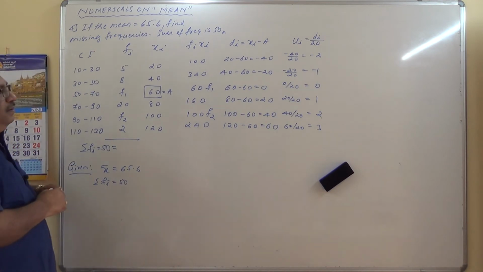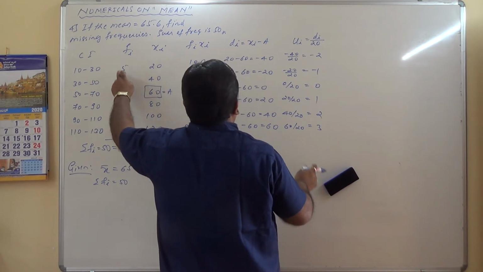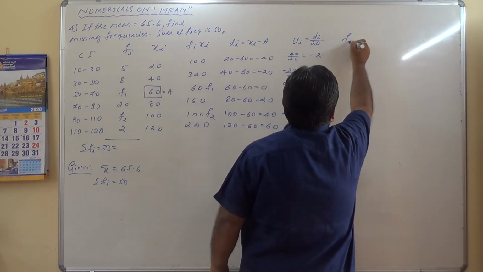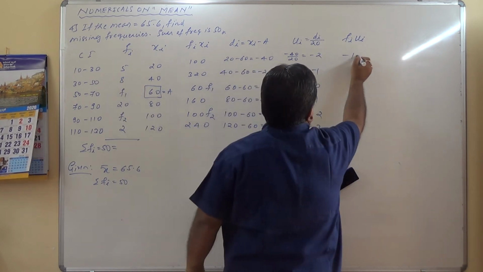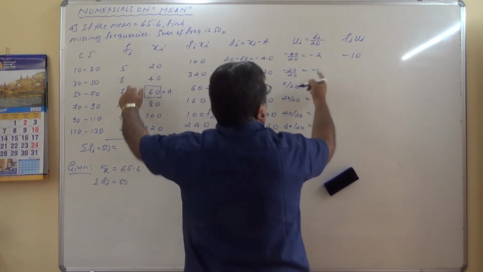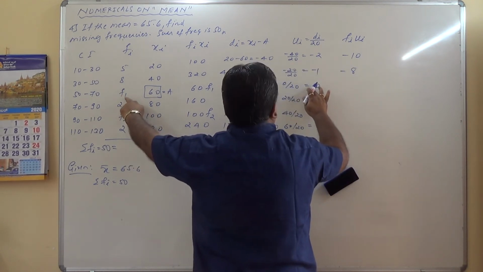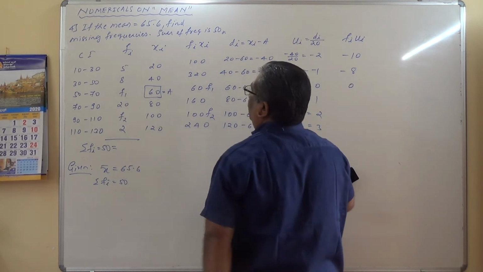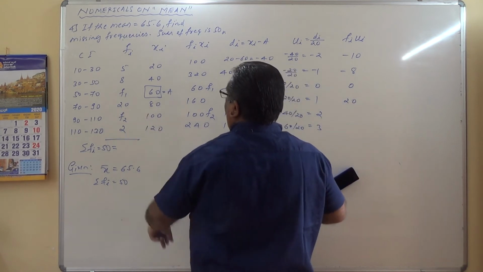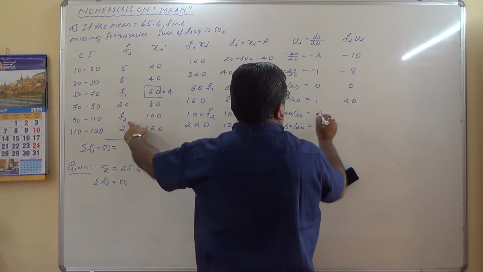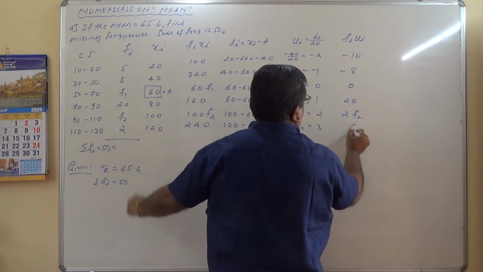Yes, I require sigma fi into ui. fi into ui: 5 into minus 2 is minus 10, 8 into minus 1 is minus 8, 0 into f1 is 0, 20 into 1 is 20, f2 into 2 is 2 f2, 2 into 3 is 6.